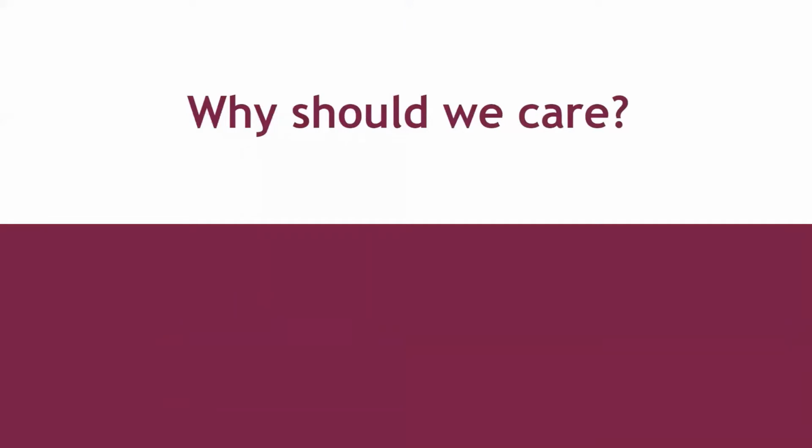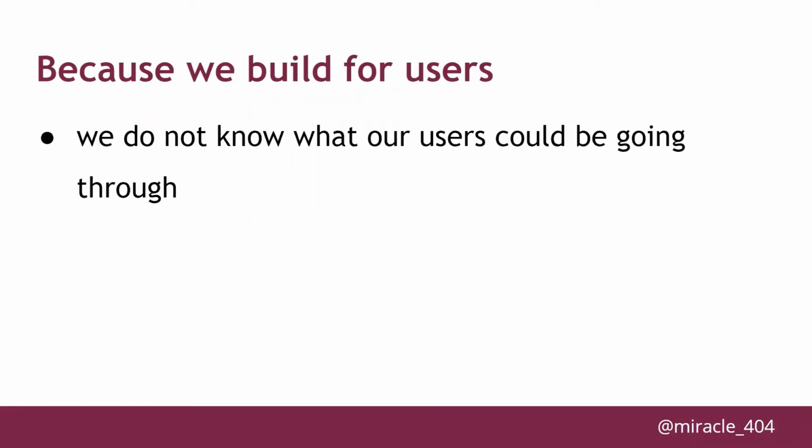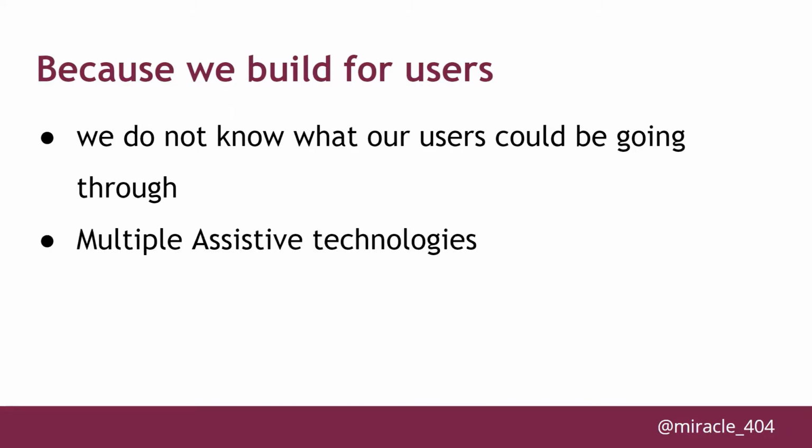Why should we care about accessibility? Because whenever we build applications and websites, we build them for the users, but we do not know what our users could be going through, whether they are disabled or not, or what technologies they are using.